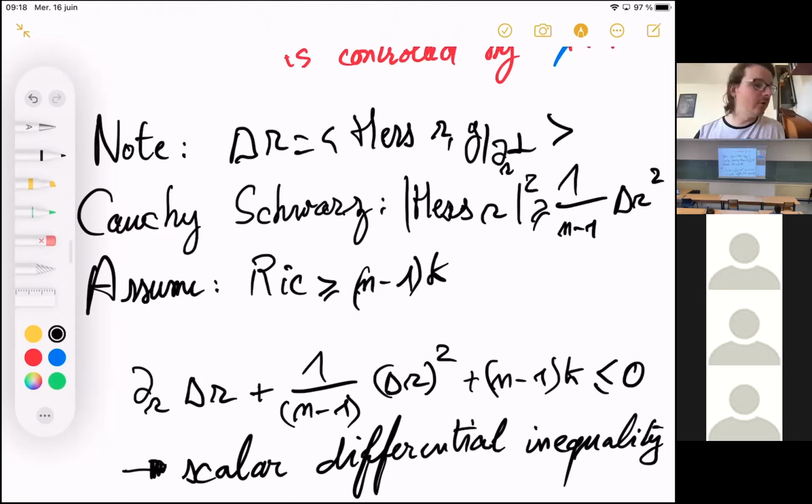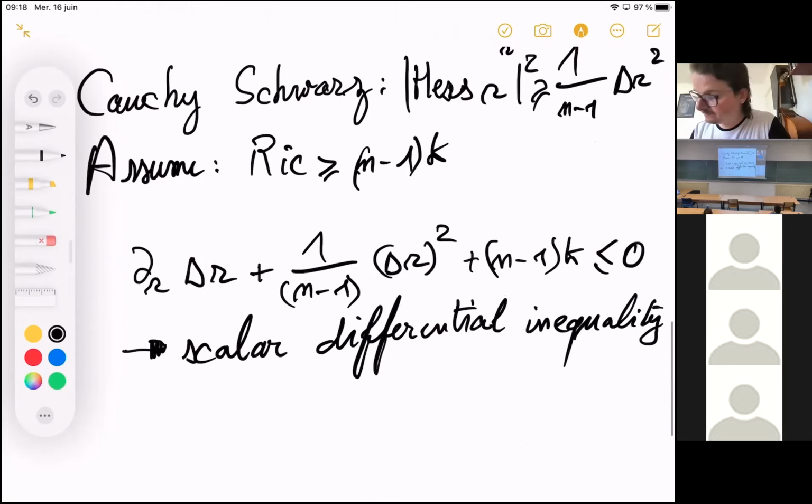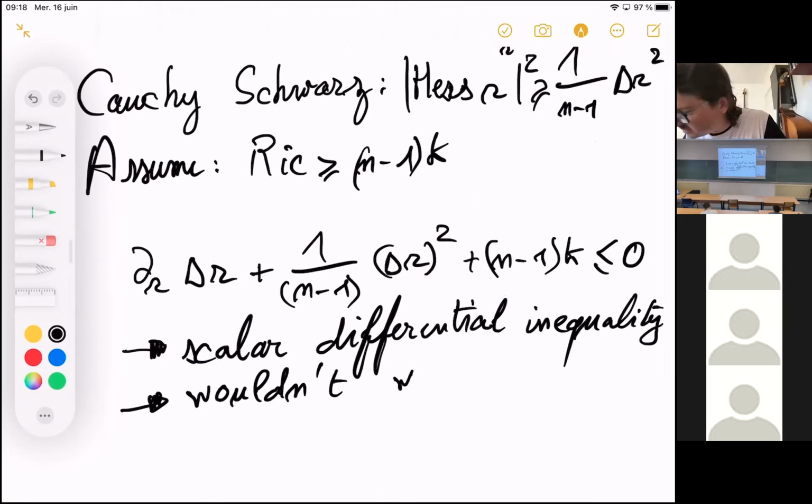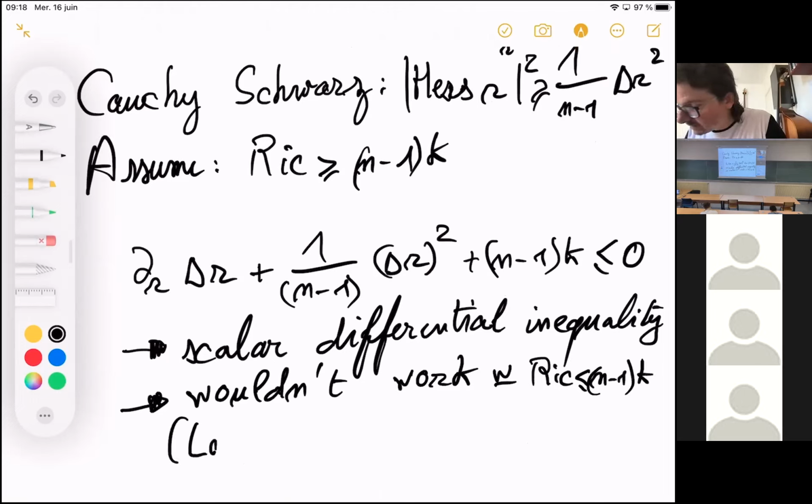This is exemplified by Lohkamp's results on manifolds with negative Ricci curvature. It wouldn't work with Ricci less than n minus 1 times k.